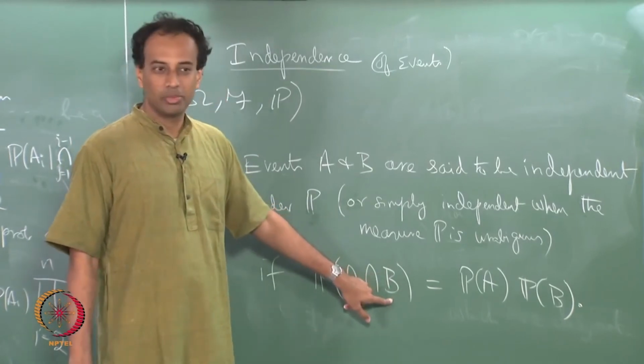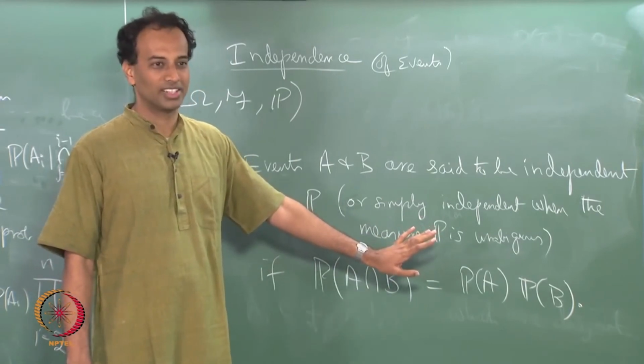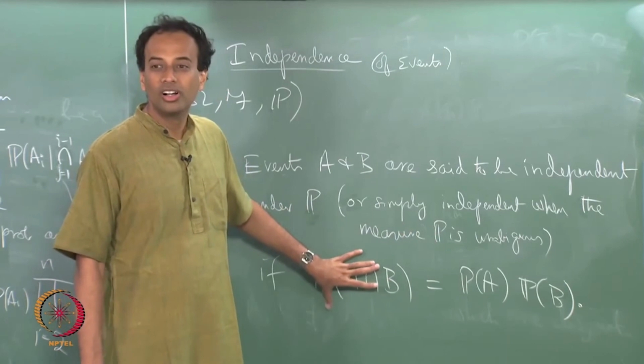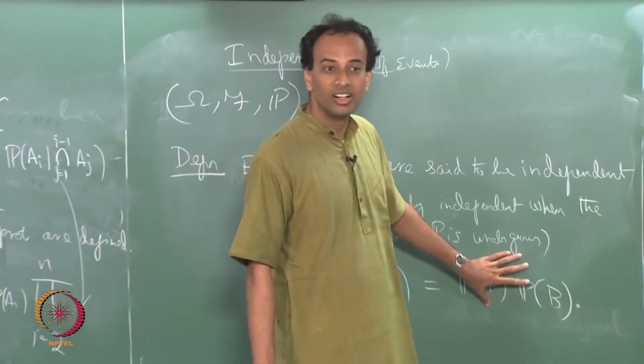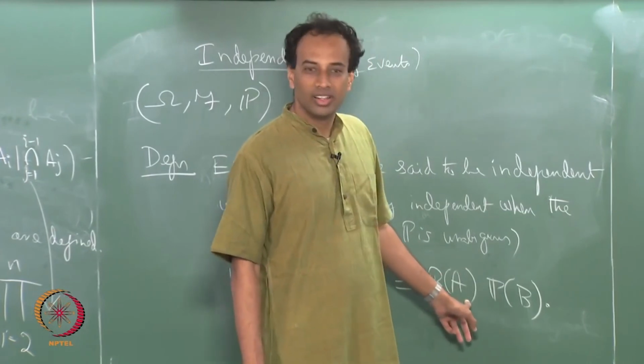Probability of A intersection B is null, right, there is no number which is both rational and irrational. So, this will be 0, and the product will also be 0 because probability of rational is 0.